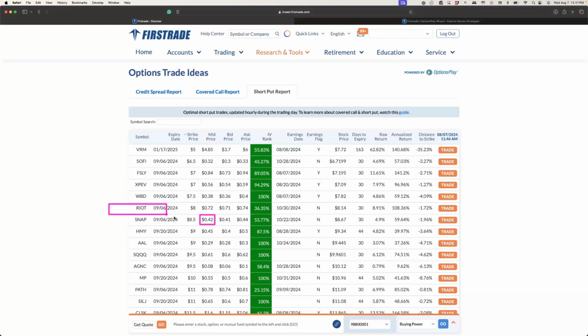What that means is that you're going to collect in this particular case $42 in income by selling this cash secured put, because each contract represents 100 shares. 42 cents is a per share number, so you have to multiply this number by 100, which gives you $42. So if you were to sell the Snapchat short put, you would earn $42 worth of income. Hopefully that answered your question, Carol.